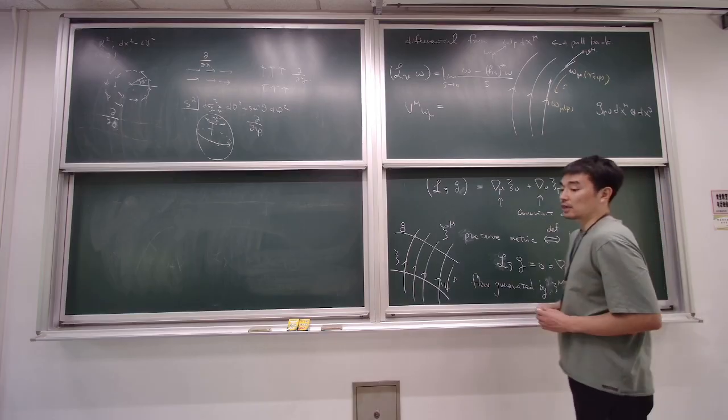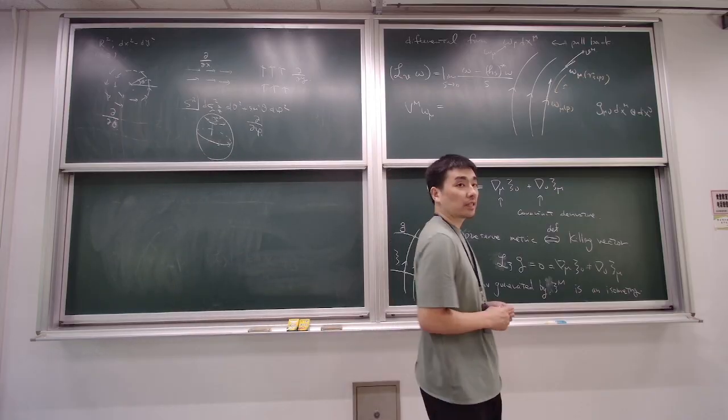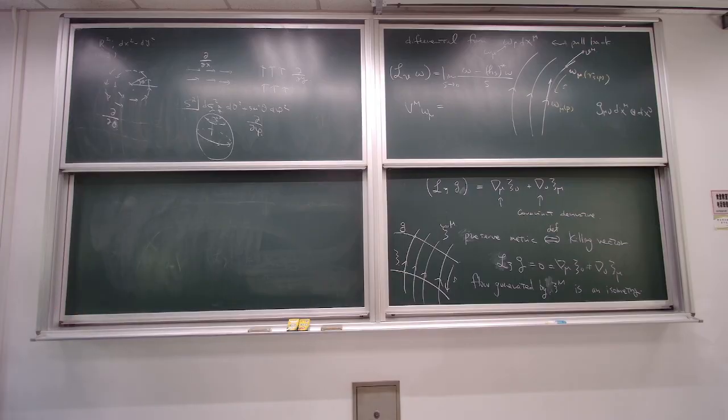Isometry means that it does not change the metric. A diffeomorphism which does not change the metric.